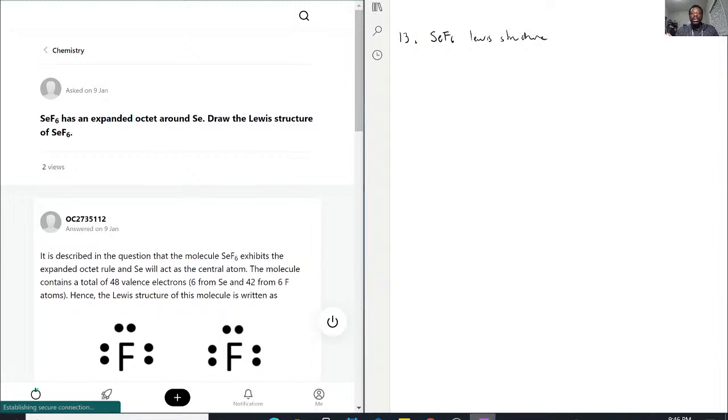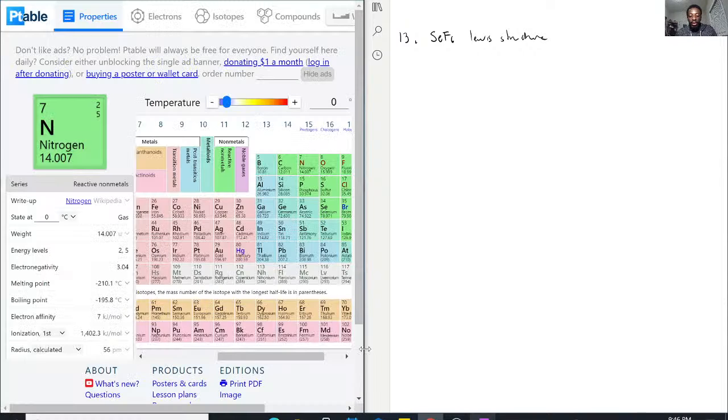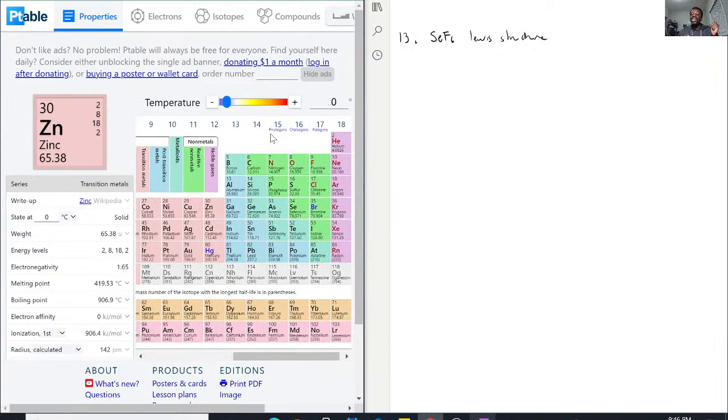So selenium, I do believe, is on the 16th column. Let me check the periodic table. Yes, it is. 16th column, so that's 6 valence electrons. Fluorine, on the other hand, 17th column right next to it, 7 valence electrons, but there's 6 of them, so 7 times 6, that is 42, plus another 6 from selenium, so we have 48 electrons total we want to distribute.